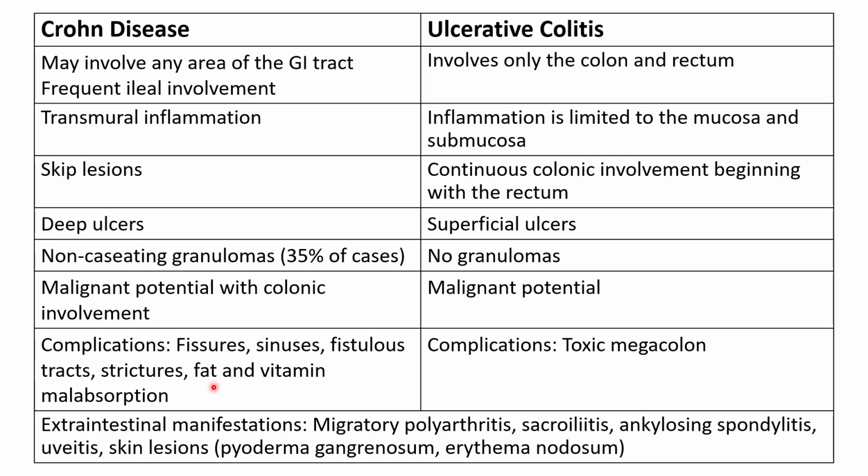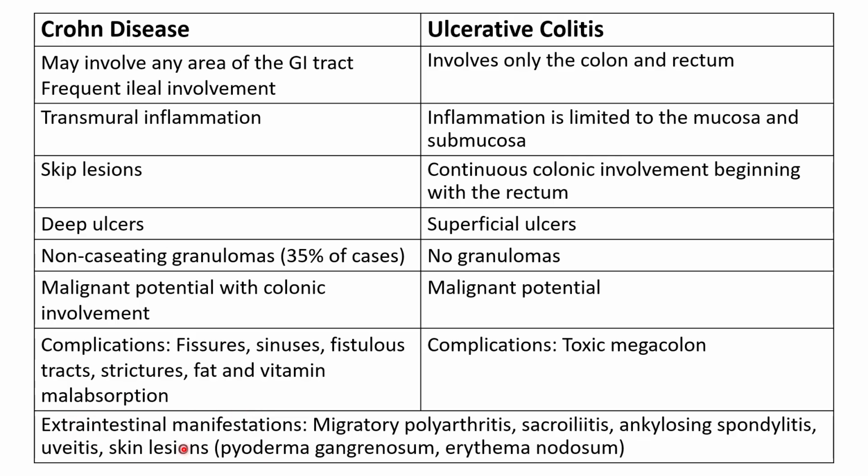These complications are because the transmural inflammation seen in Crohn's disease causes fistulas and strictures with time. And these complications are not seen in ulcerative colitis. However, in ulcerative colitis, there is increased risk of developing toxic megacolon.